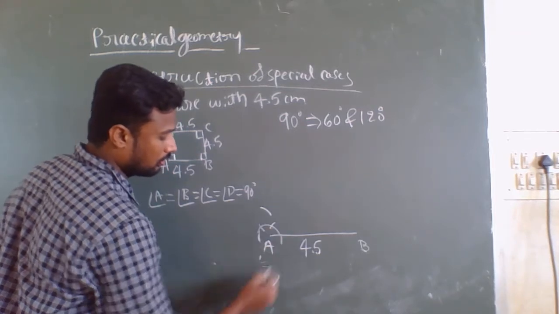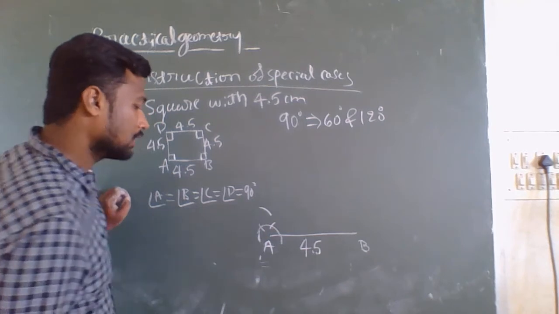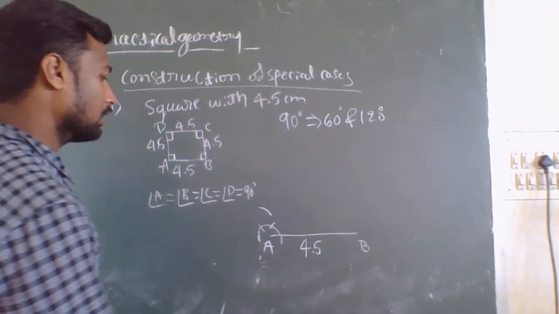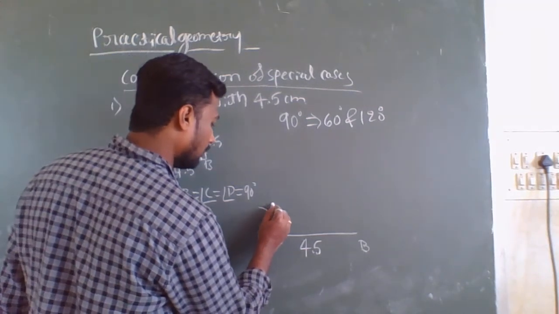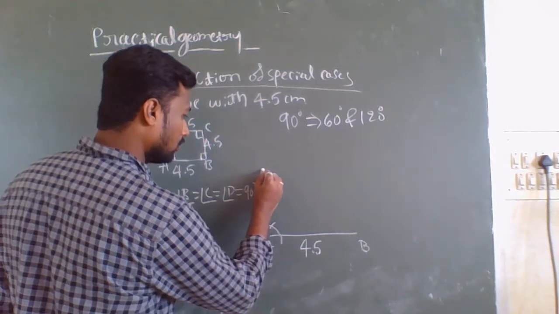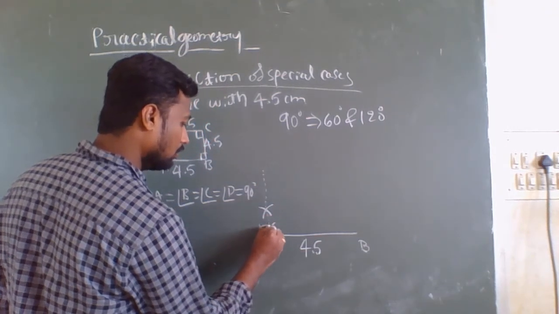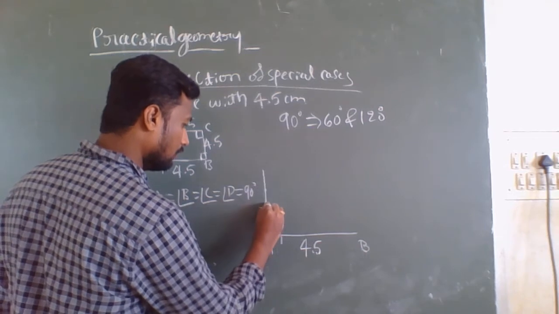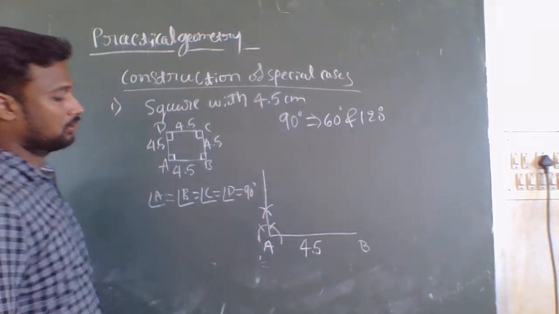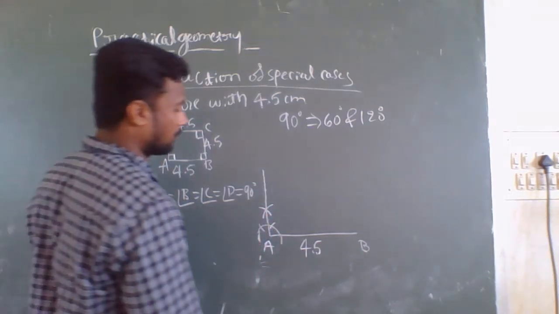Here I will draw an arc by considering the same distance of the compass. And again by keeping it on 60 degree, I will draw another arc and join this line with point A. So this is 90 degree now.